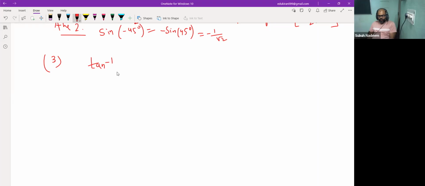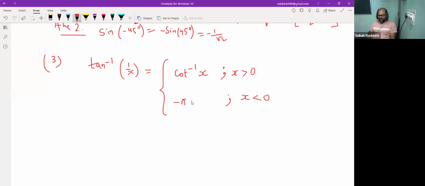So tan inverse of 1 by x is equal to cot inverse x if x is positive. And if x is negative, then it is minus pi plus cot inverse x.